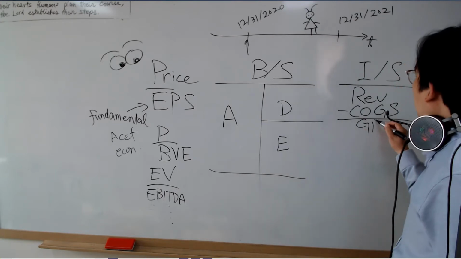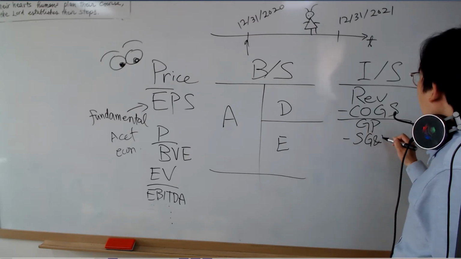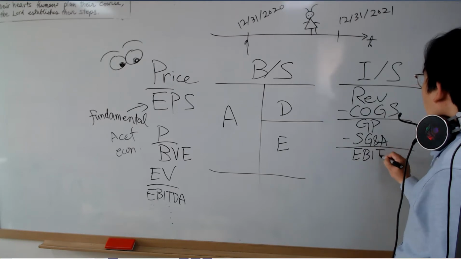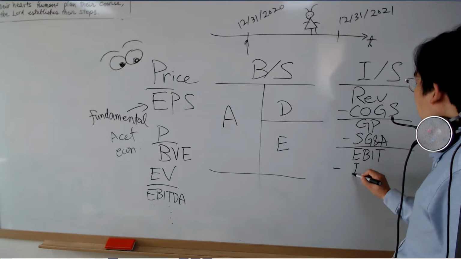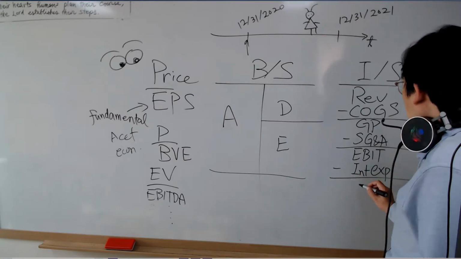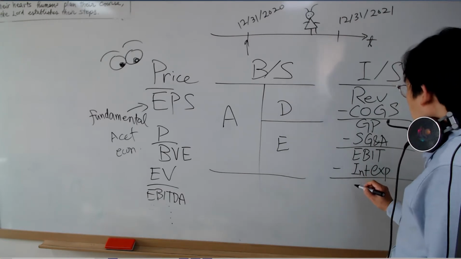Gross profit, and then from there you subtract SG&A, and then you get EBIT, right? And then from here you subtract interest expense, and then profit, how do you say?